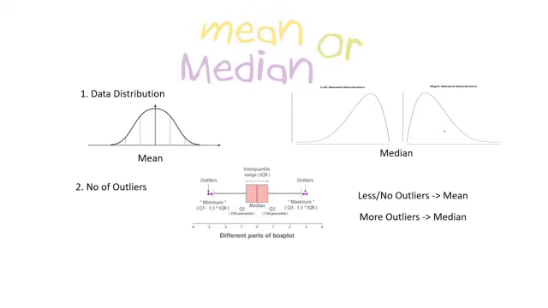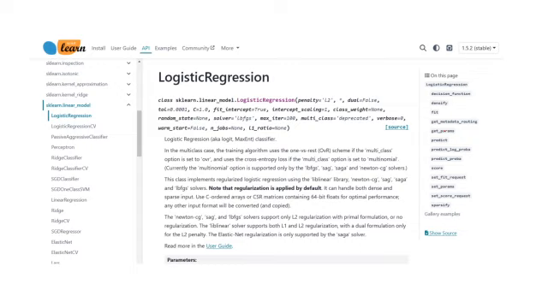The third factor is the regularization penalty or error function. You will find this penalty factor if you are using scikit-learn, for example in the API documentation for logistic regression. You can find the penalty factor over here.